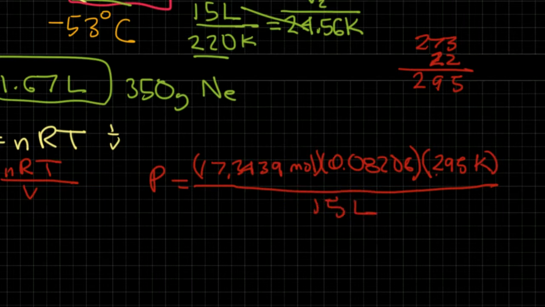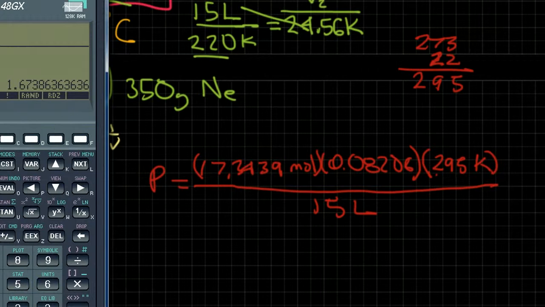Okay, now we can do some arithmetic. So I've got 17.3439, that's the number of moles, times 0.08206, times 295, which is the temperature in Kelvin, and I divide that by my sloppily written 15 liters.